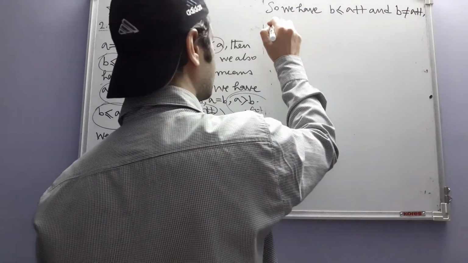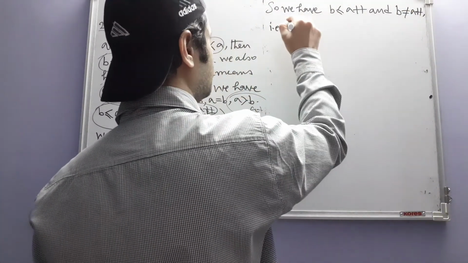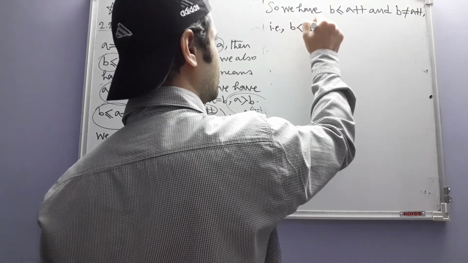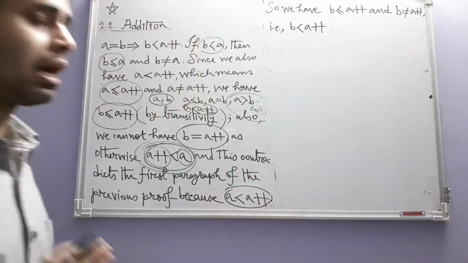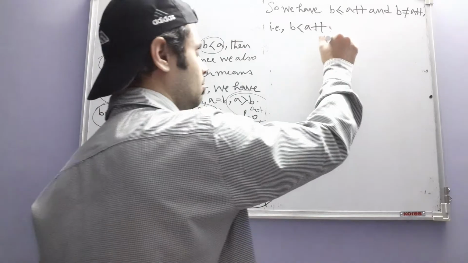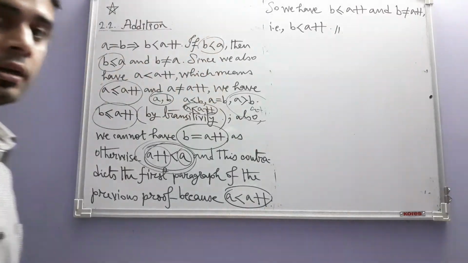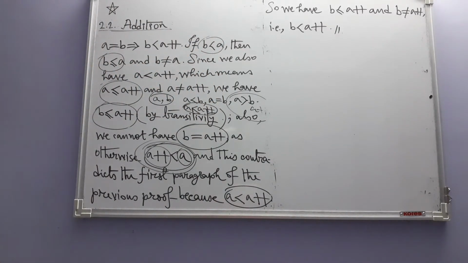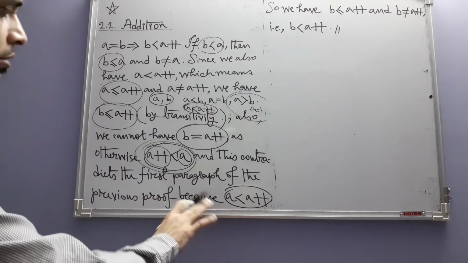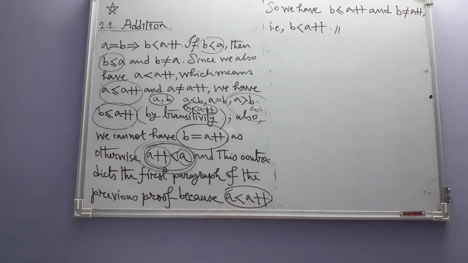That is, b is strictly less than a plus plus, and this was the last one. So this completes the solution, and now the proof of trichotomy is over. We have answered the three y's.